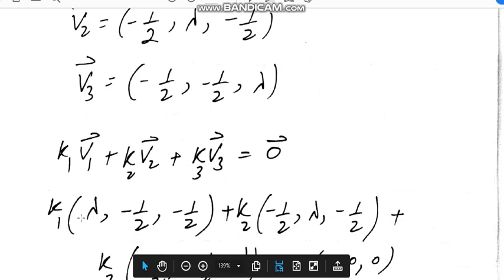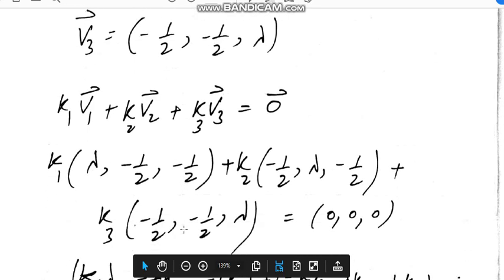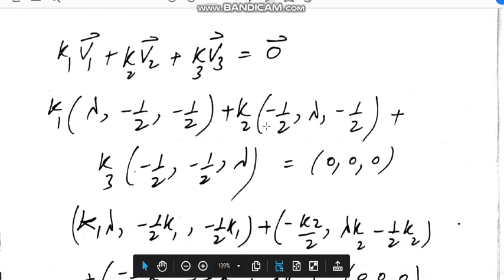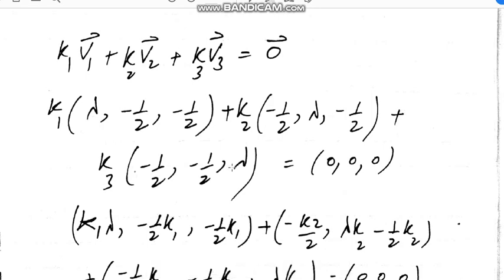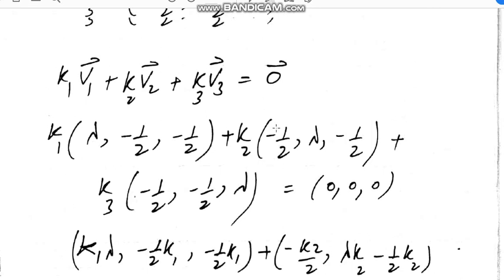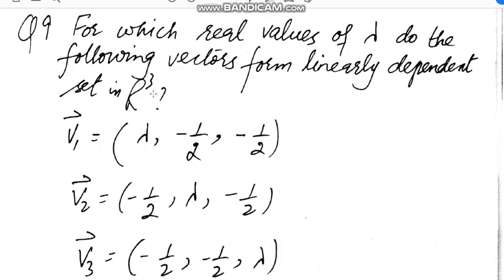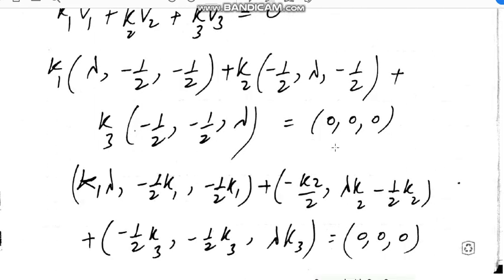Then k1 into the value of v1 plus k2 into the value of v2 plus k3 into the value of v3, and as it is R3 space, we use 0 of 3 components: 0, 0 and 0. Now k1 will be multiplied by (lambda, minus 1 by 2, minus 1 by 2), k2 will be multiplied by (minus 1 by 2, lambda, minus 1 by 2), and k3 will be multiplied by (minus 1 by 2, minus 1 by 2, lambda).